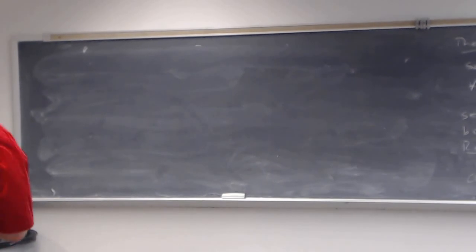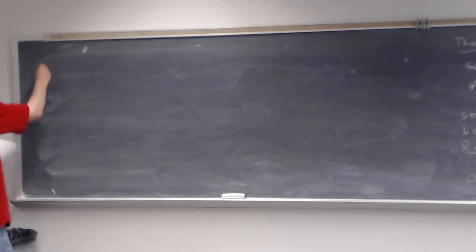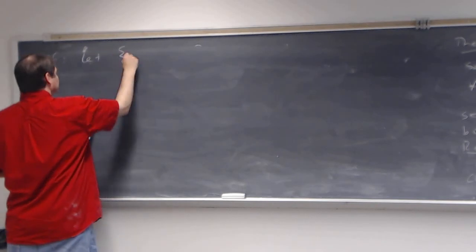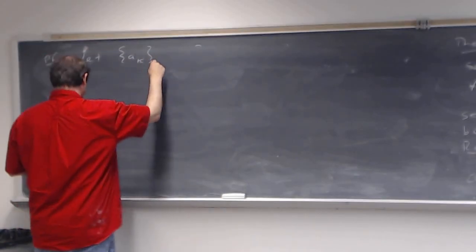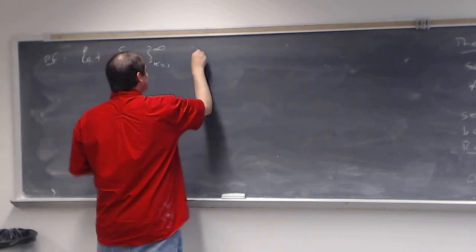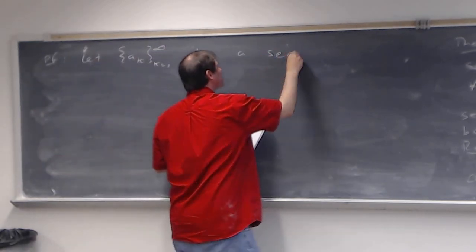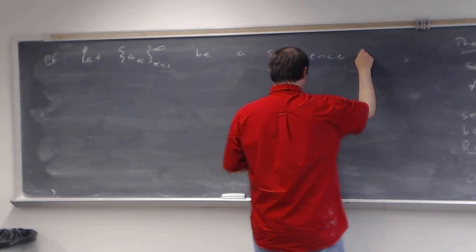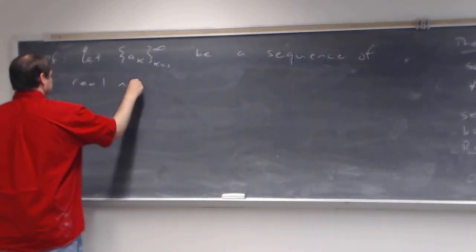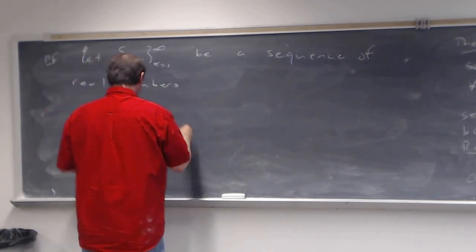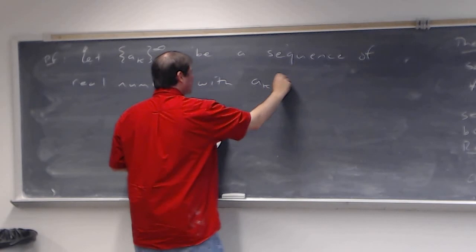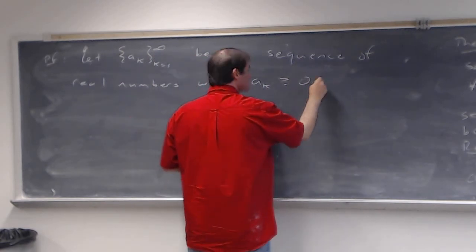So proof of the dichotomy theorem. We say let the a sub k's, k runs from 1 to infinity, be a sequence of real numbers with a sub k being greater than or equal to 0.